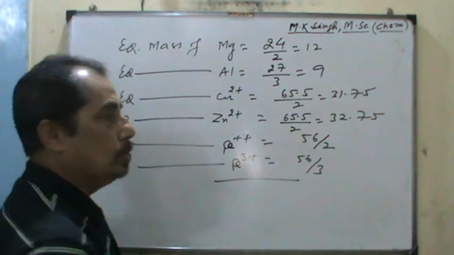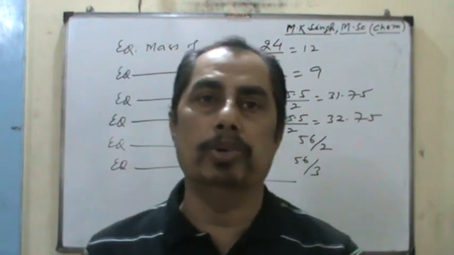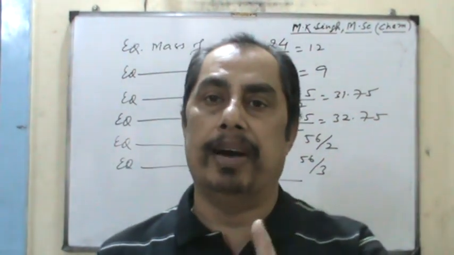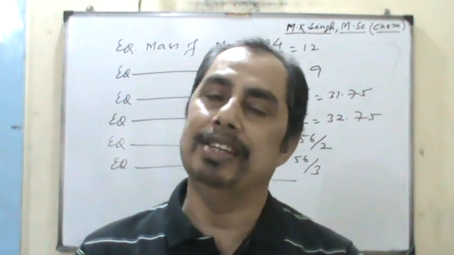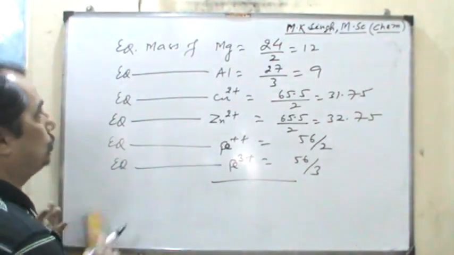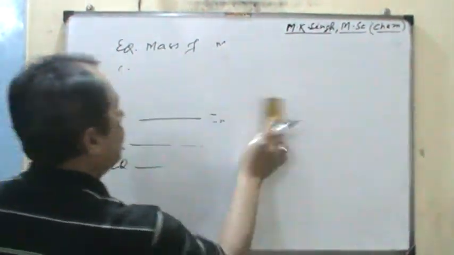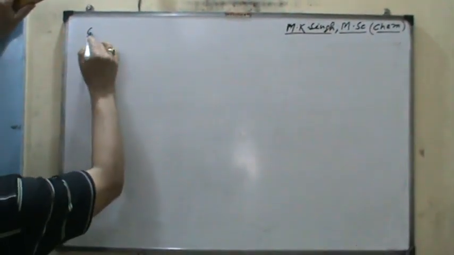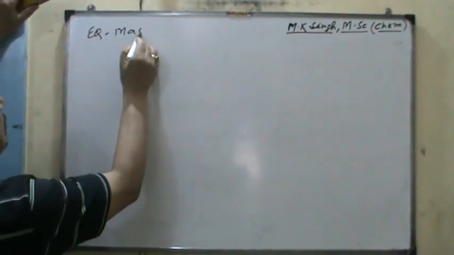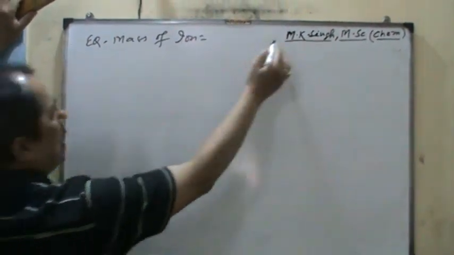The same way you can calculate the equivalent mass of an atom. What is that formula? Atomic mass divided by valency is the equivalent mass of an atom. Second formula, my dear students, we have to calculate the equivalent mass of an ion. How can you calculate the equivalent mass of the ion?